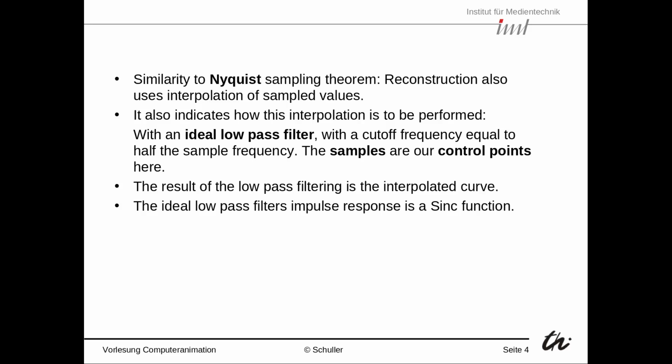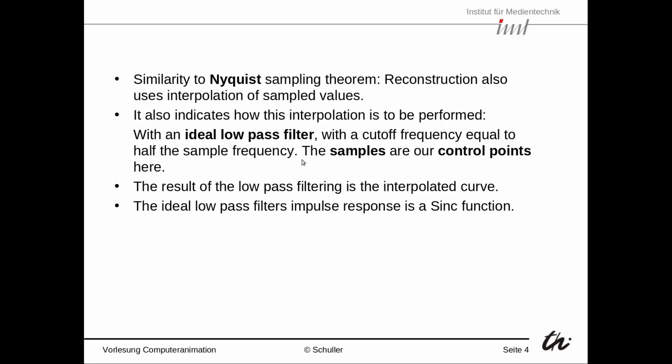And it also tells us how we have to do it. It tells us that we can do this interpolation with an ideal low-pass filter. And this ideal low-pass filter should have a cutoff frequency equal to half the sample frequency.